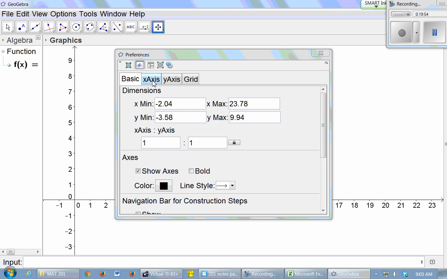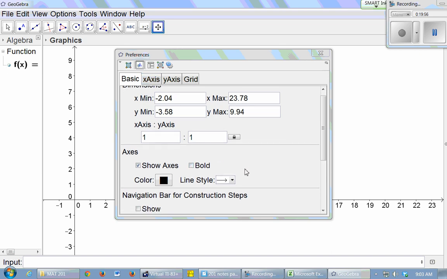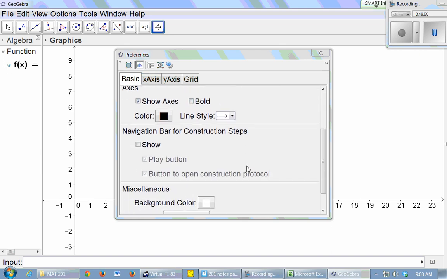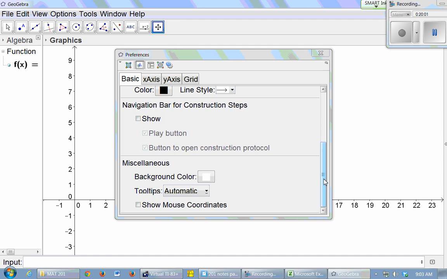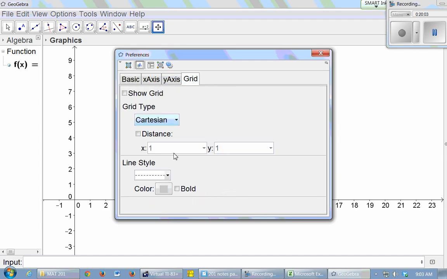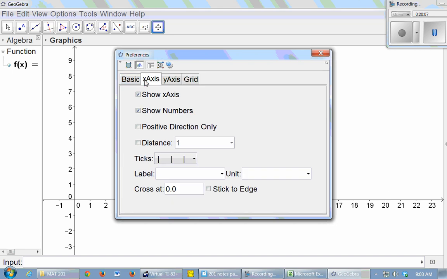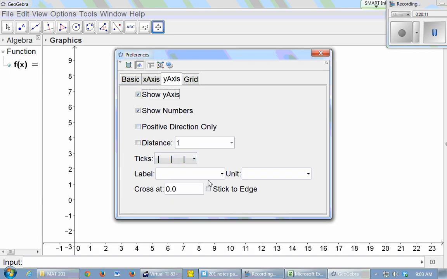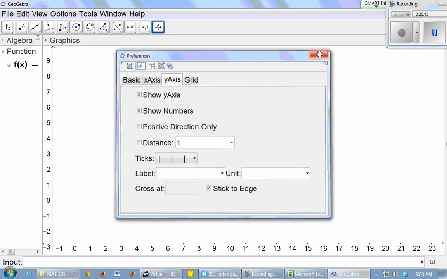And I want the axes on the edges, not, how do I do this? There we go.